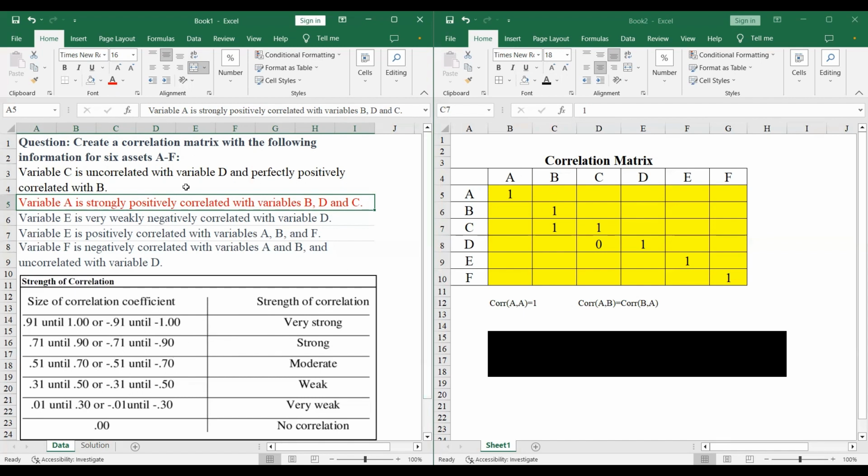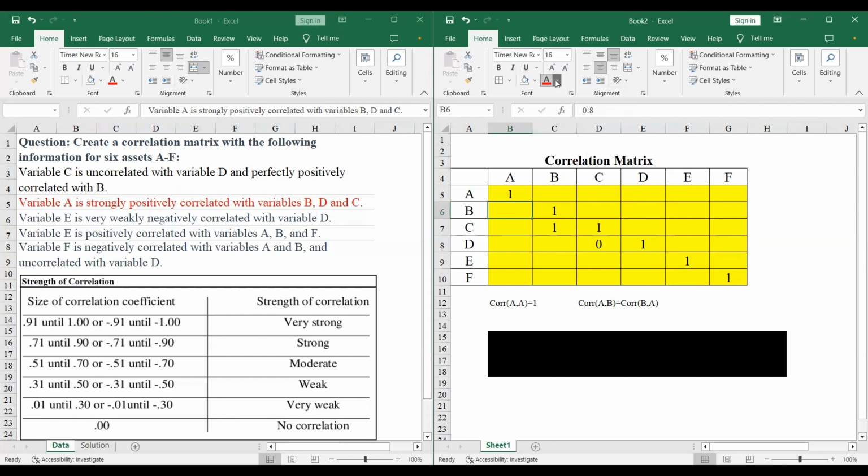So over here, A and B are very strong positive correlations. So let's take a number between 0.71 and 0.9 and fill it over here.